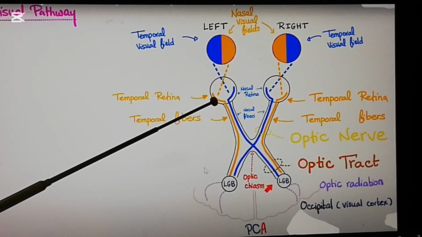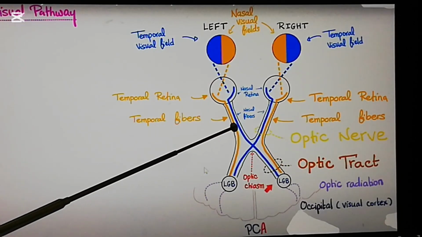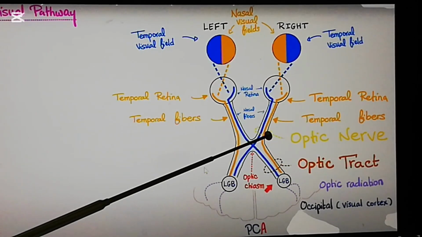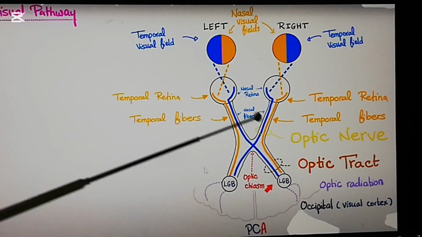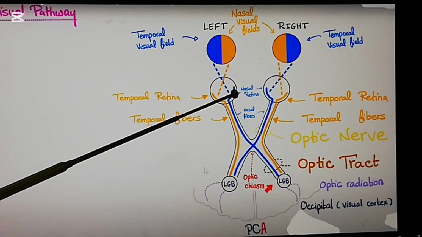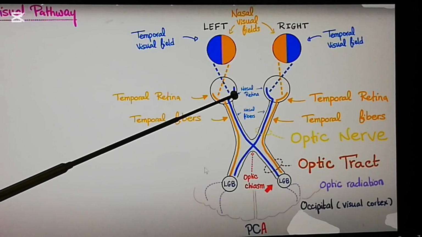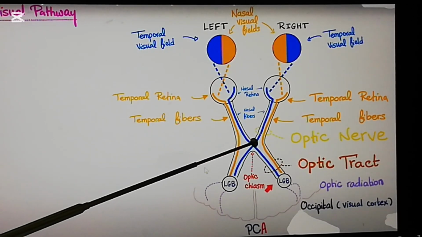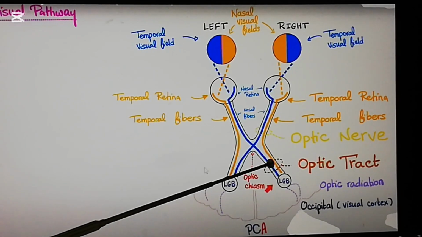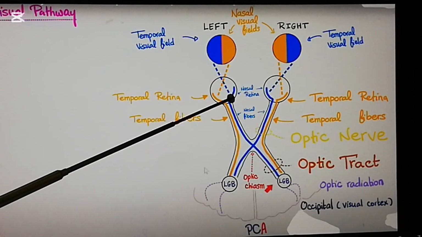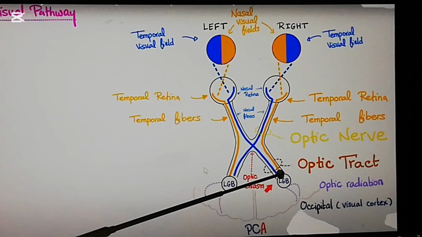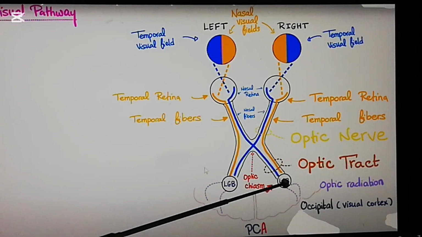Now you see that the temporal fibers are running ipsilaterally to reach the lateral geniculate body. Again you can see on the right eye as well. Now what happens with the nasal fibers? The nasal retina or nasal fibers are taking information and when they reach the optic chiasm, they decussate. And finally, these left nasal fibers are reaching through the right optic tract to the right geniculate body.